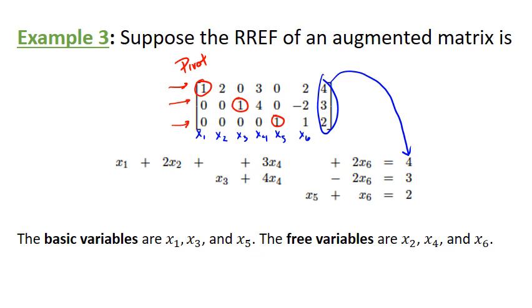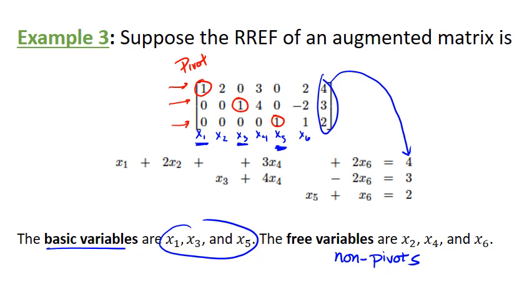So I have a pivot for x1, a pivot in x3, and a pivot in x5. Those are my basic variables. Anything else, my non-pivots, are the free variables. So it's basically everything else.